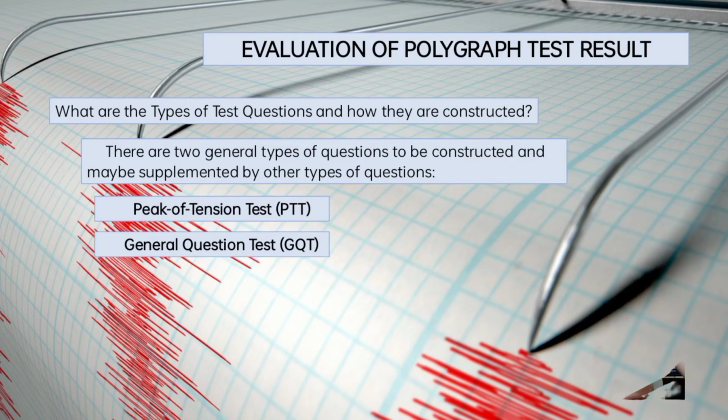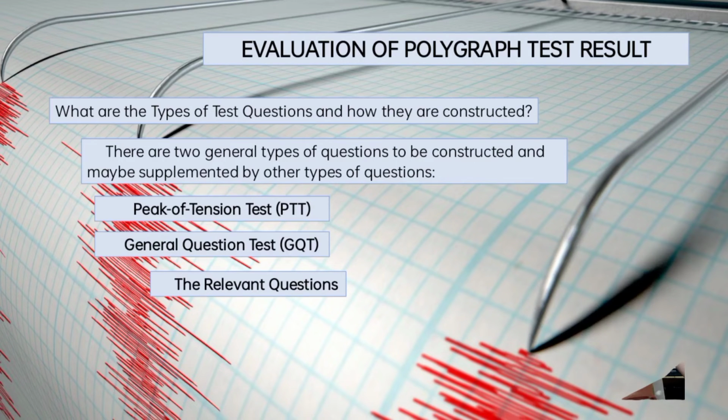The GQT consists of a series of relevant and irrelevant questions asked in a planned order. Questions are arranged so as to make a comparison of the response to relevant questions with a subject norm made during the answering of irrelevant questions. The relevant questions are the questions directly related to the offense under investigation.